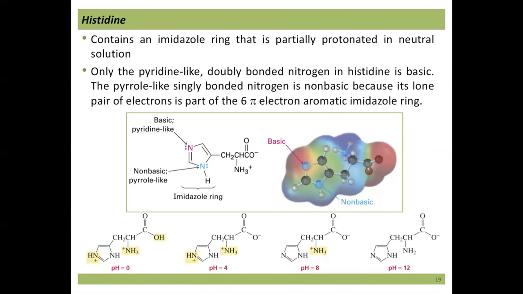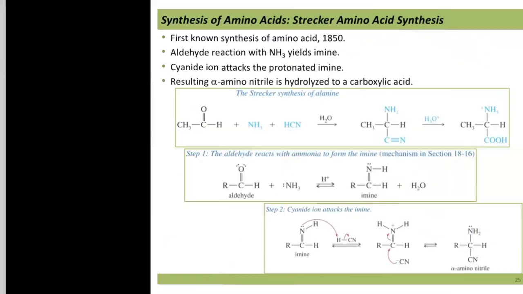And then again, if we got up to a pH of 12, then everyone would be deprotonated. So you can see that this molecule goes from a +2 to an overall +1 to an overall 0 to a negative charge. So this is its zwitterionic form right here. But to get to that, we actually had to deprotonate twice.